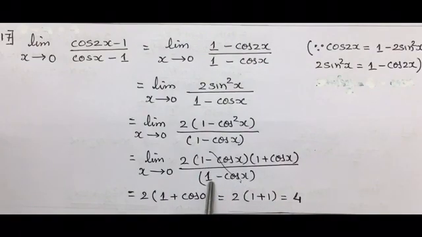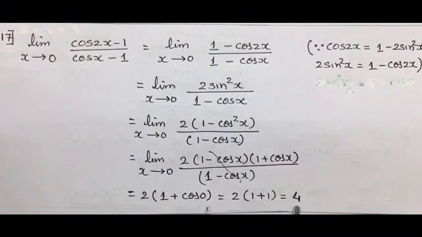Cancelling 1 minus cos x and 1 minus cos x. Wherever x is there, keeping there 0, we will get 2 into 1 plus cos 0, and cos 0 value is 1. So 2 into 2 will make it 4 as the limit. The final answer.